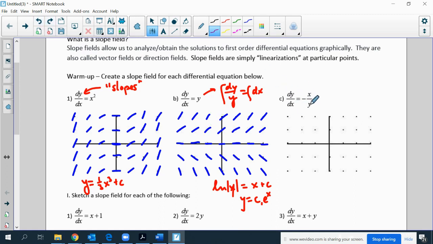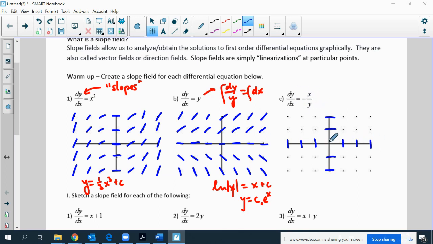Now, what about this one? Well, it's dependent on both x and y. So in that case, if x is 0, no matter what happens when x is 0, I have a horizontal slope. Except at (0, 0), I probably should have been a little more careful, because anywhere y is 0, I have a vertical slope, an undefined dy/dx.